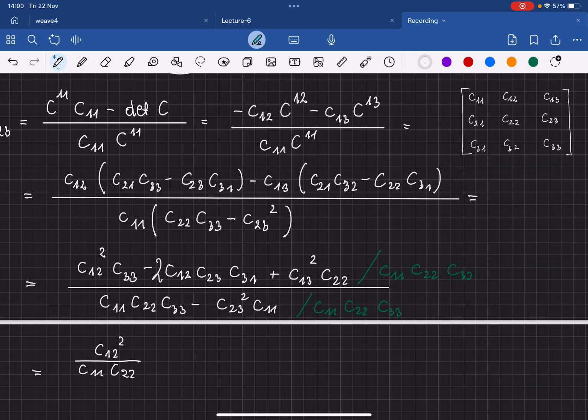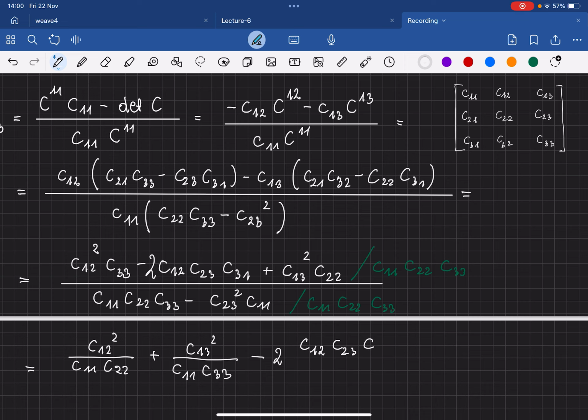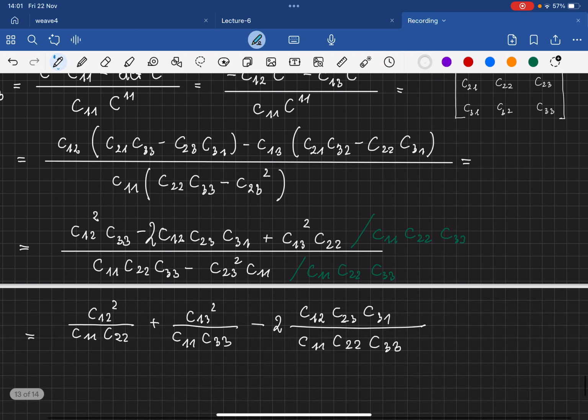Which are variances. This component is very similar. C22 is cancelled. And we have C13 squared divided by C11, C33. And then there is the minus of all 3 in the denominator. So this is the C12, C23, C31 divided by all the variances C11, C22, C33.